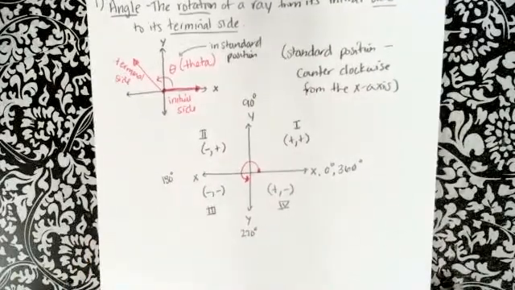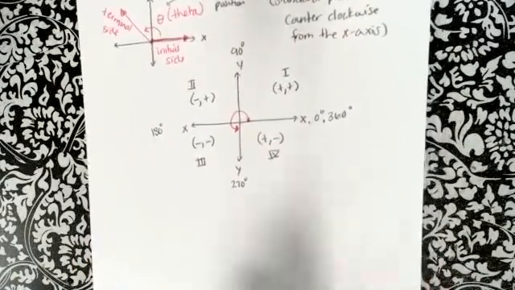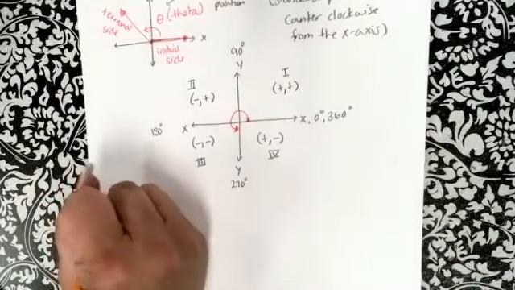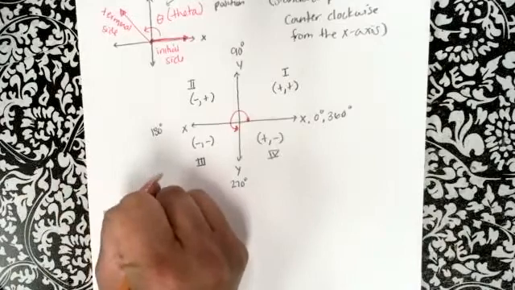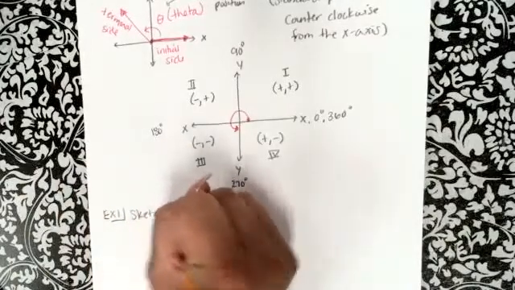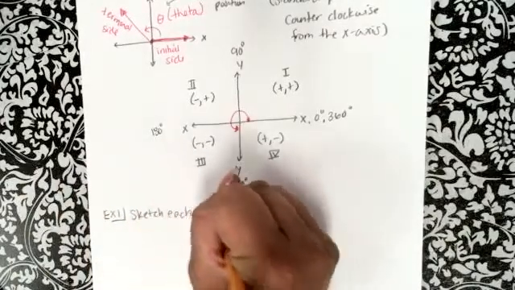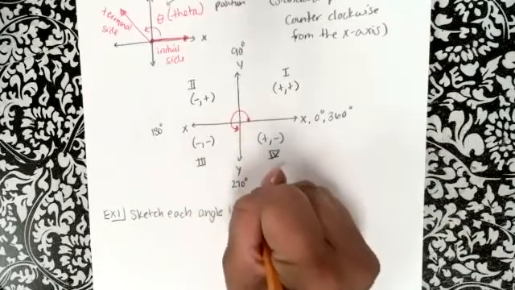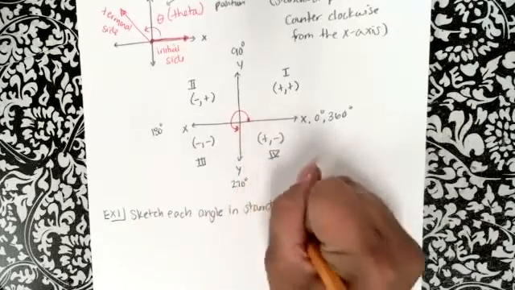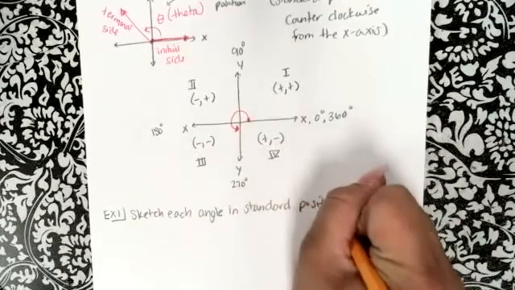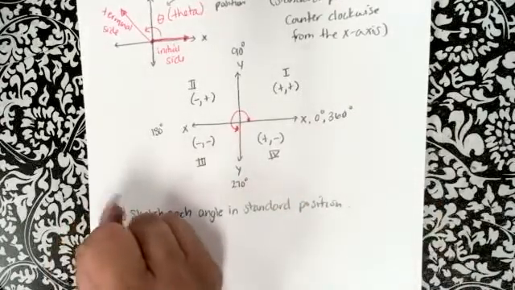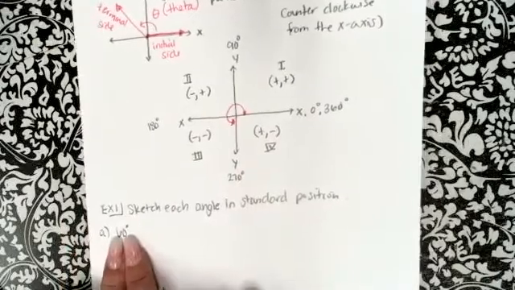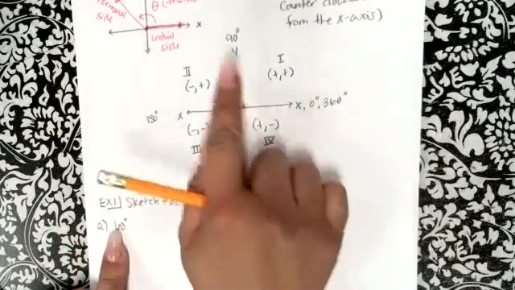All right. So for our first example, we are going to sketch each angle in standard position. So 60 degrees. 60 degrees is between 0 and 90.